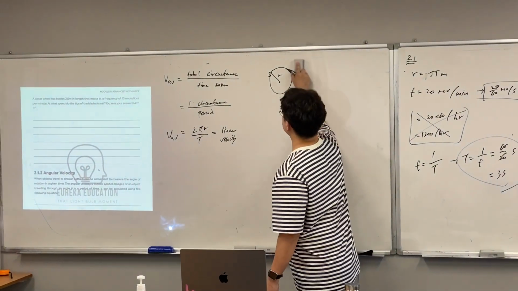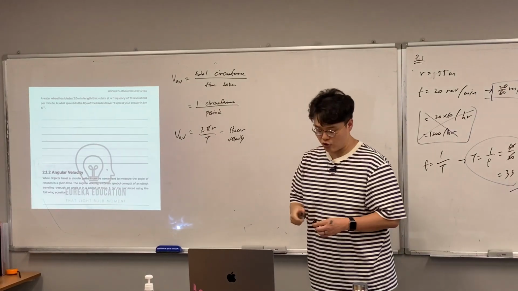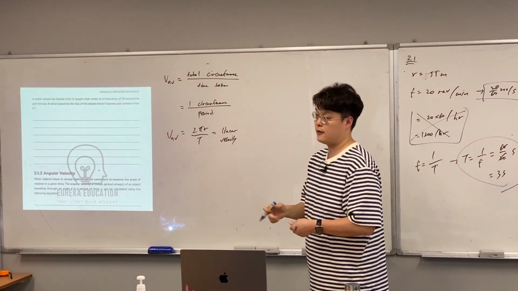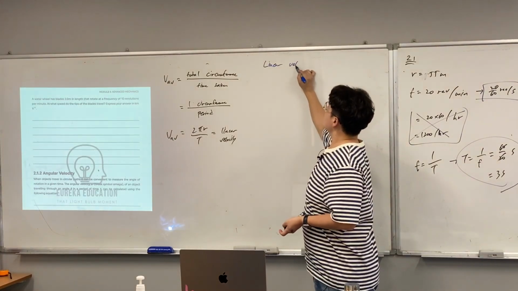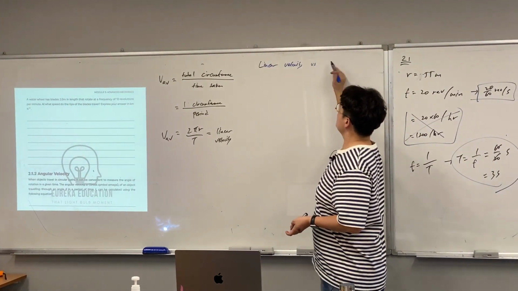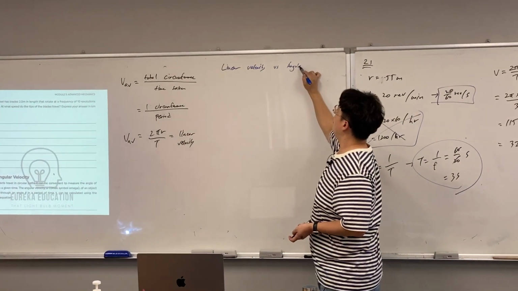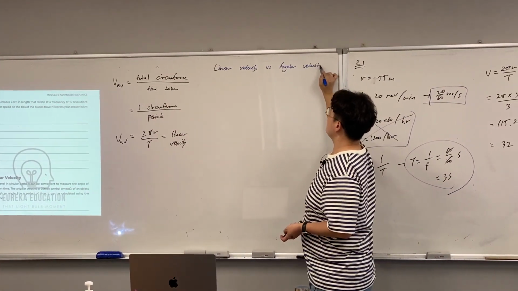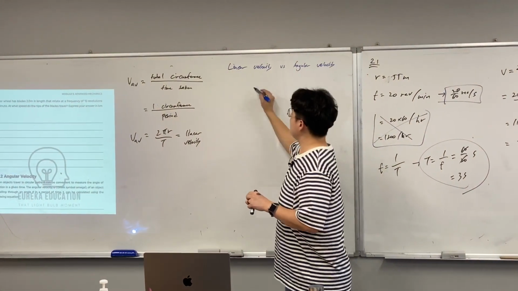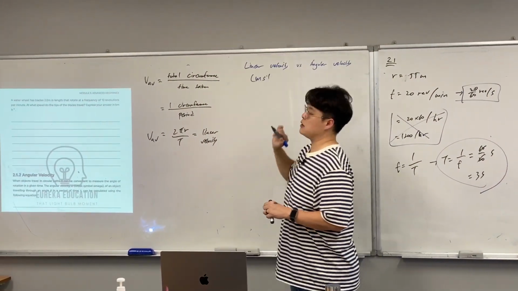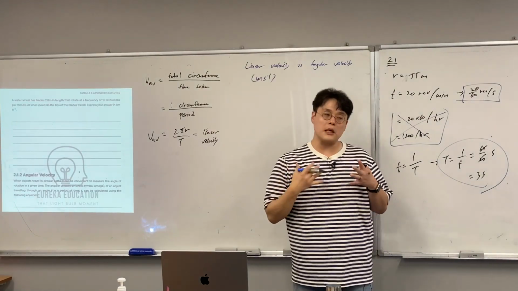Then the next part is, let's talk about the angular velocity. So linear velocity versus angular velocity. Now, linear velocity, you can think of as linear, so its unit is given as meters per second. I want you to think about what we mean by meters per second.